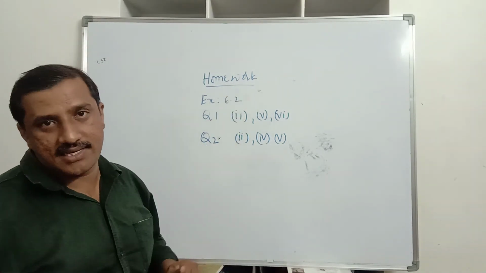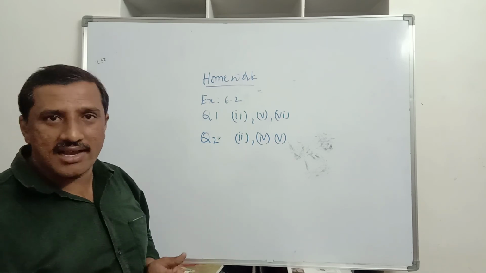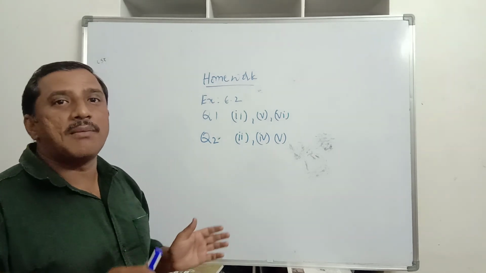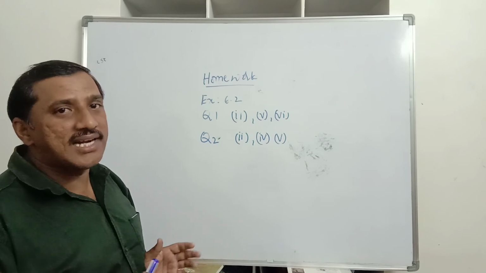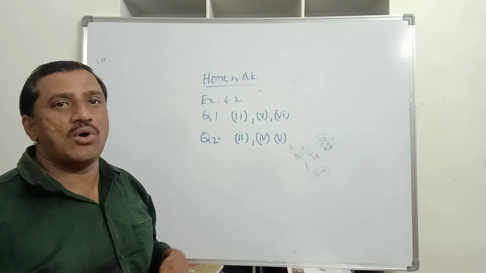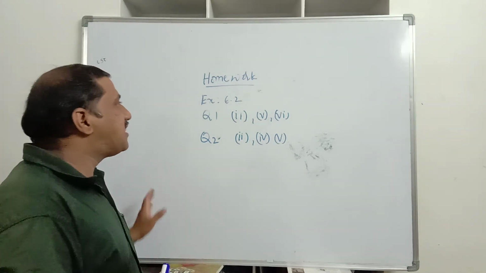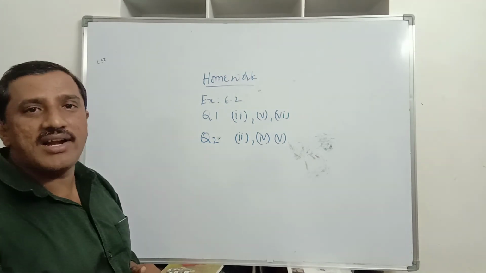It says that the exterior angle of a triangle is equal to the sum of its two interior opposite angles.